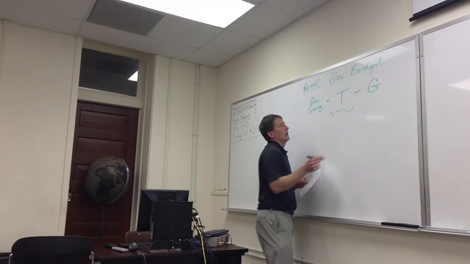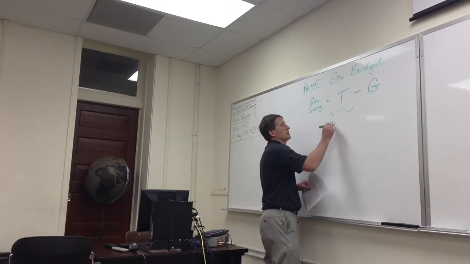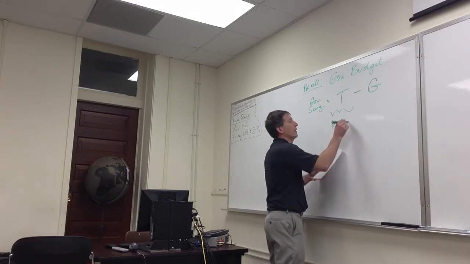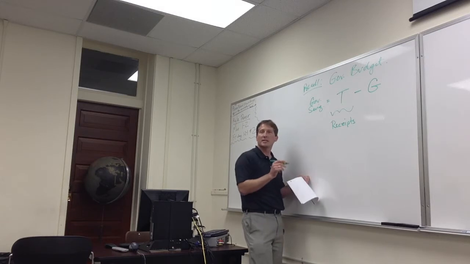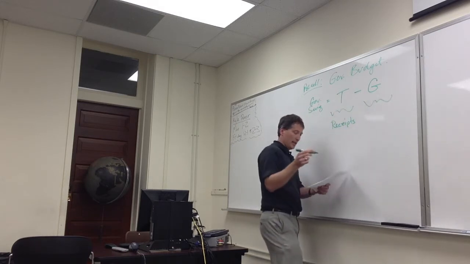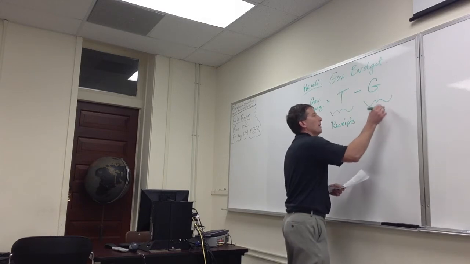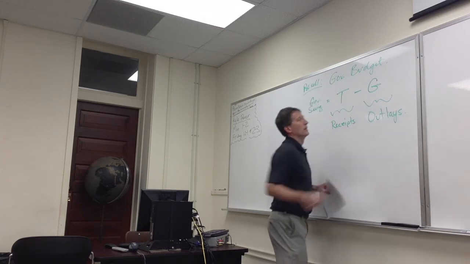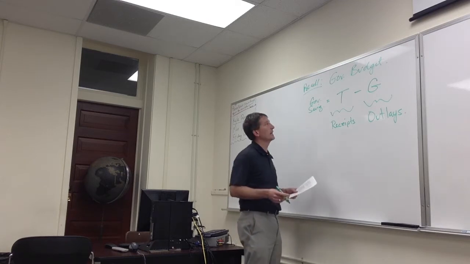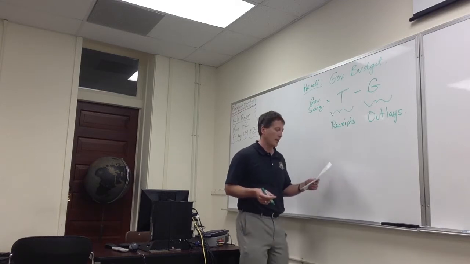So in your Chapter 13, we'll get a little bit more specific, and this is going to be receipts. So think of these as tax receipts or tax revenue. And the G we'll generically label outlays. So outlays of spending, outlays of money by the government.